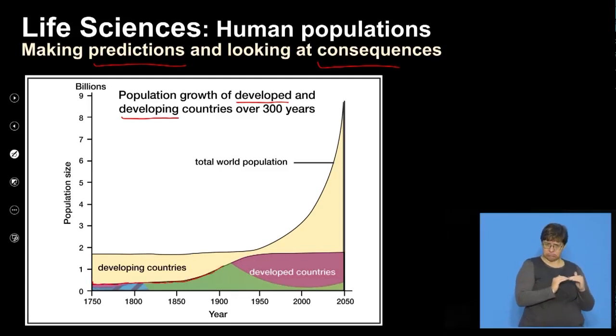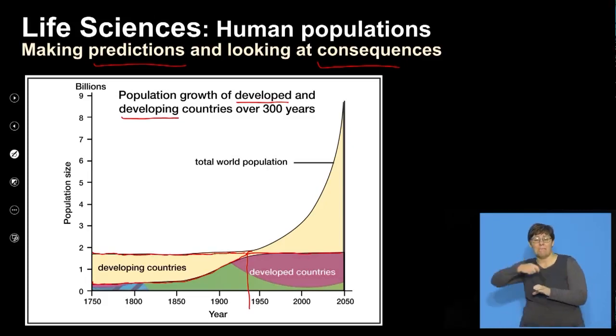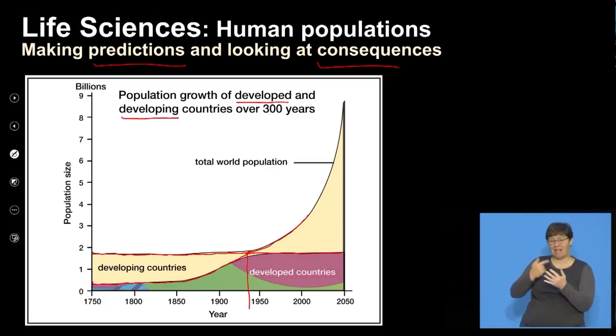It starts to become exponential, but around about 1940, 1950, we start to see stabilization. But in developing countries that have less access to education, to medical assistance, we see that that growth rate becomes exponential.